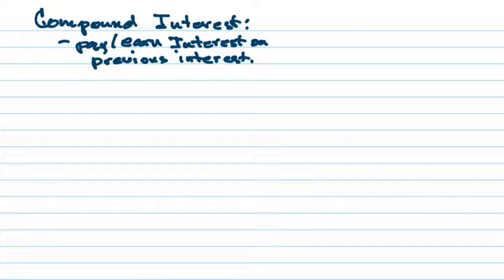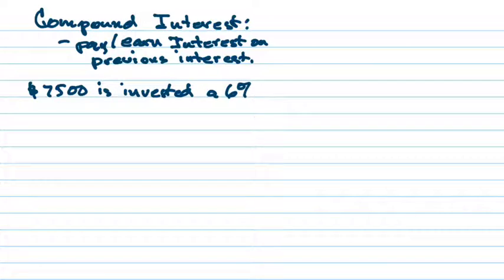So let's just look at an example and then we'll put some steps together for it. $7,500 is invested. This is just number one on the next page. Is invested at 6% compound interest.